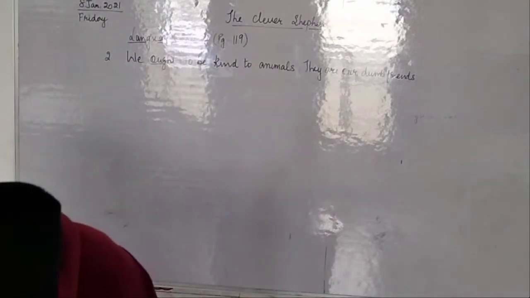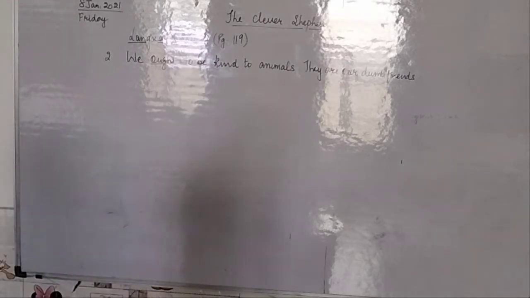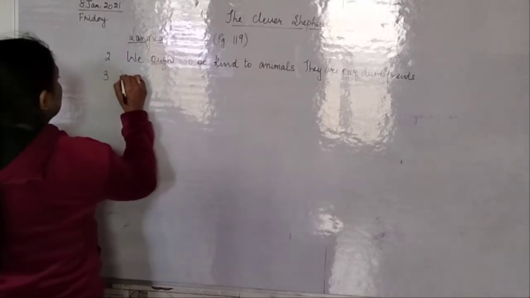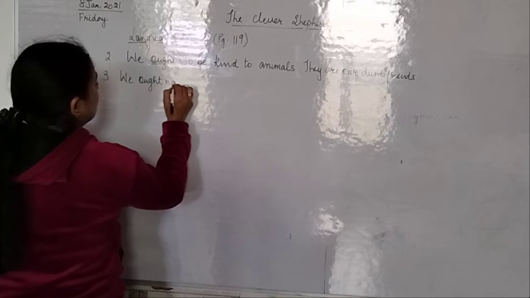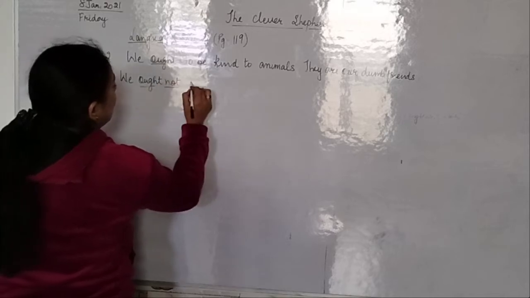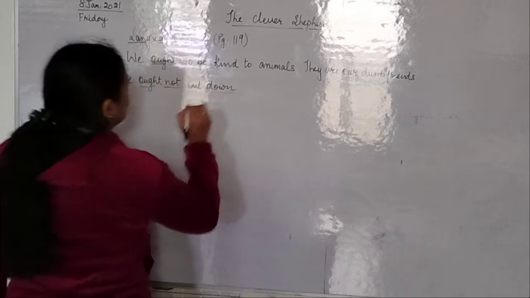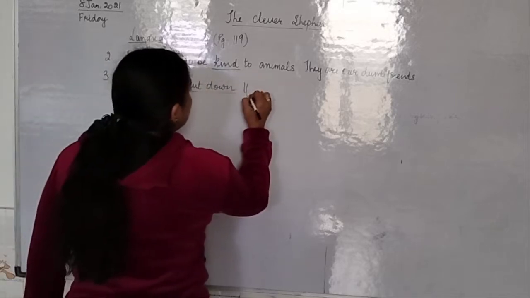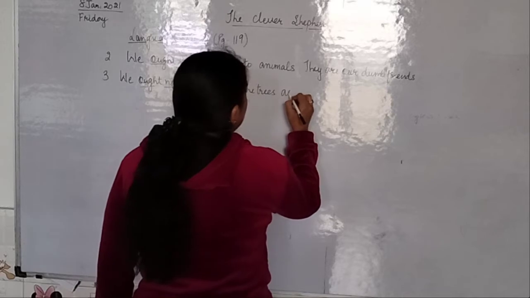So the third is trees make our world beautiful, wonderful, and we have to use the word cut down. So we ought not cut down the trees as they make our world wonderful.